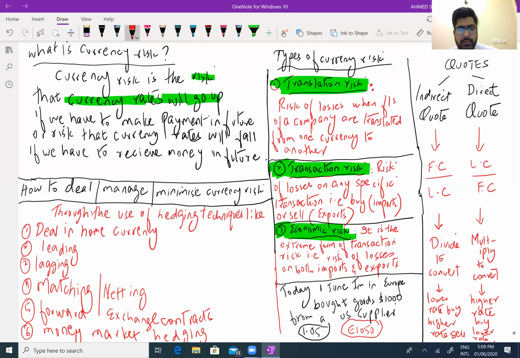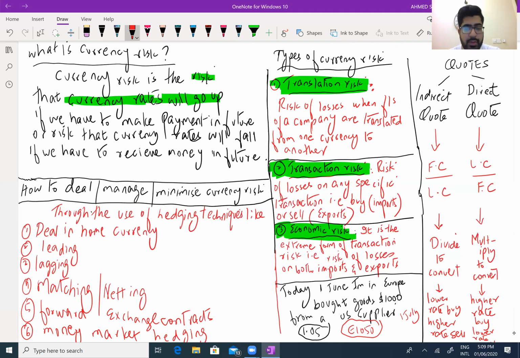The supplier was good. He offered me 1 month credit and told me, okay, you pay me on 1st July after 1 month. Now, after 1 month, I went to the money changer and asked him that I need to send $1,000 to this bank account. Please send it.